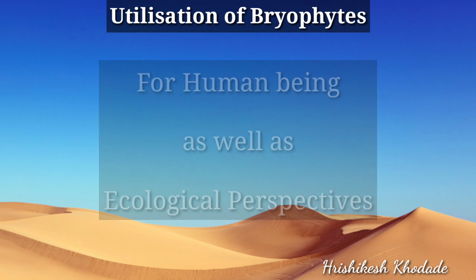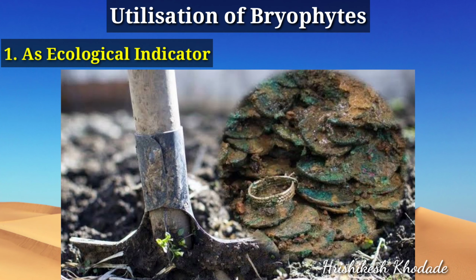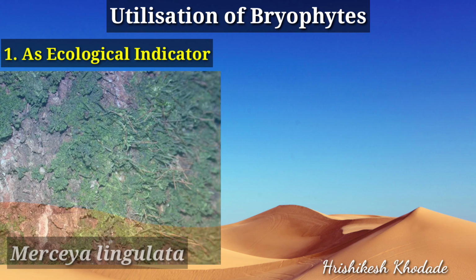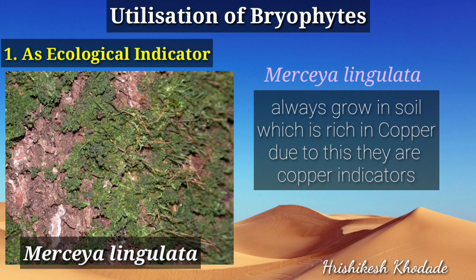The first utilization of bryophyte is that bryophytes are used as ecological indicators. So what do they indicate? The soil which contains various types of ions and metals. If the soil is very rich in copper, then in that soil the bryophyte named Marchantia linguulata will definitely grow.